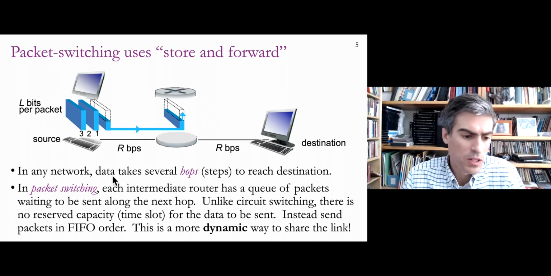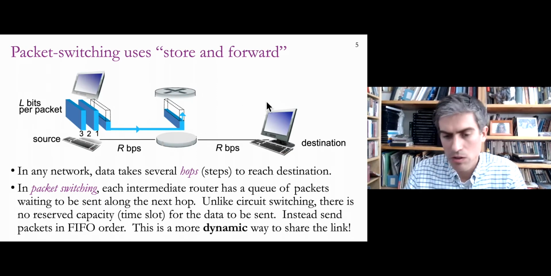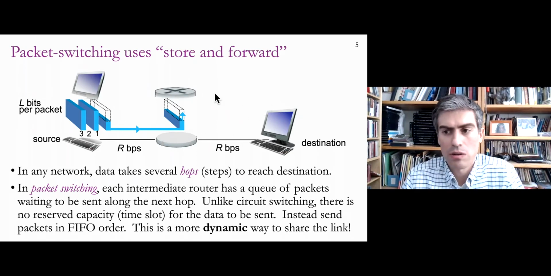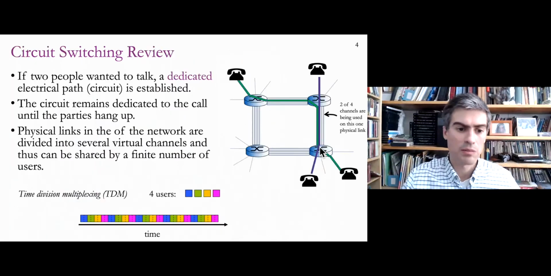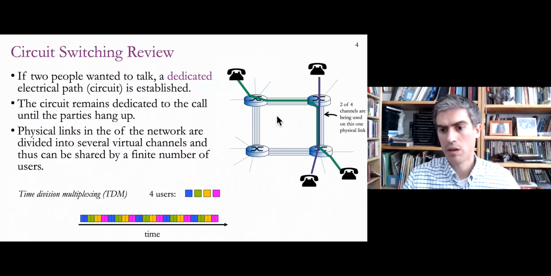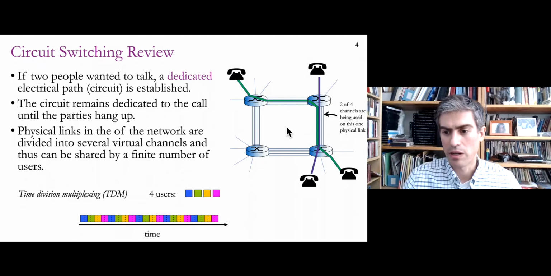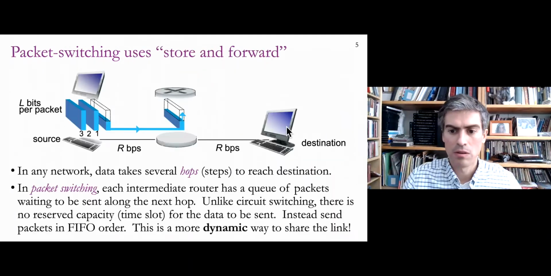So with packet switching, there are many intermediate routers along the path. That's also true in the circuit switching diagram that we saw. There were many switches through which the data had to flow, and that's simply because you can't have a direct connection between every caller. That would be n squared connection links, which would be too expensive.